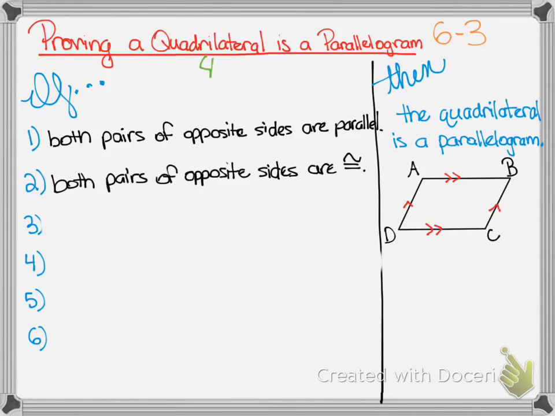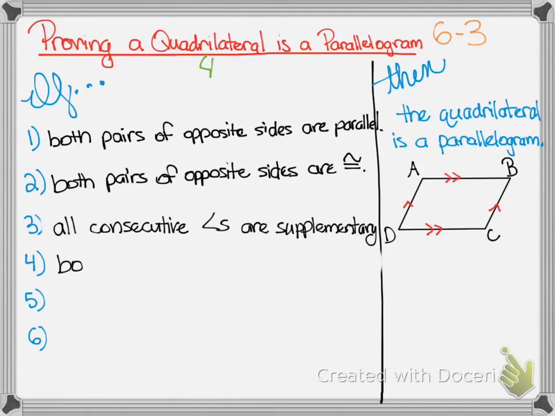The next one, if you know that all consecutive angles, so you need all of them, are supplementary, then you know it's got to be a parallelogram. Okay, the next one, there was one other property we looked at with angles. So we need to know that both pairs, again, not just one, of opposite angles are congruent.